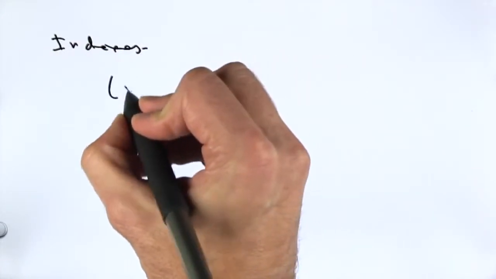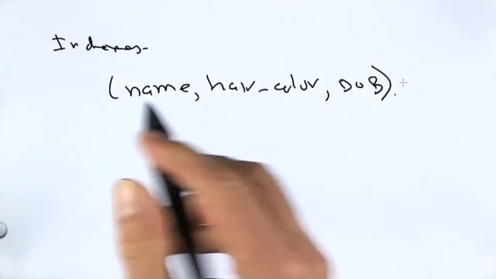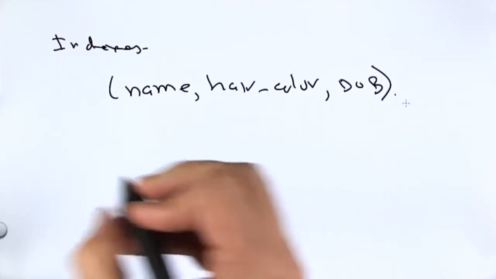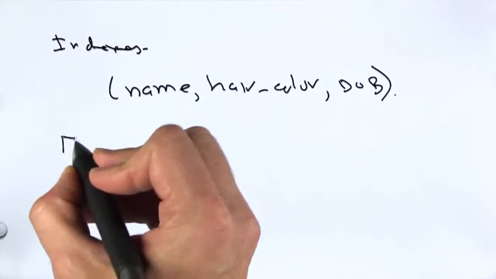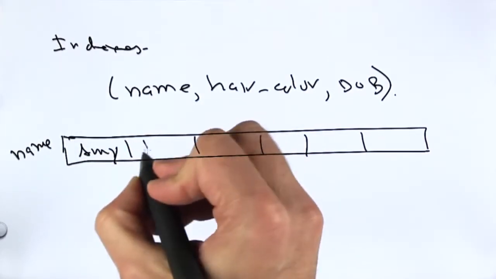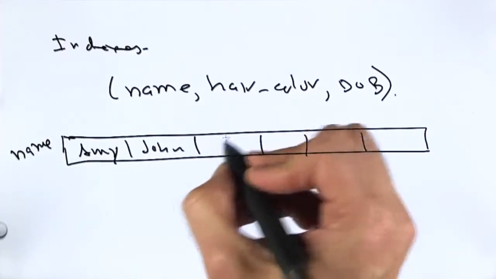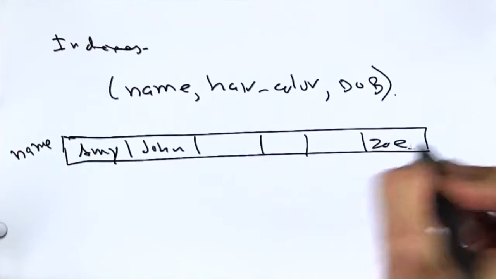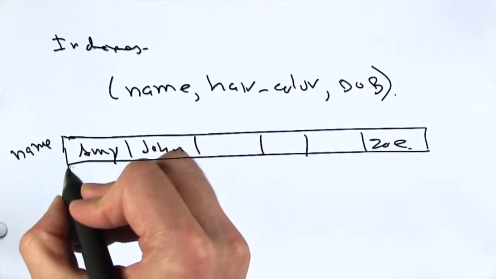So for instance, you could have an index on name, and then an index on hair color, and there could be another index on date of birth or something. Now the order is important because conceptually the way the index is built is that name will be at the top level. So here are my names, and this might be Amy and John and Zoe. Now within this, the hair color is sort of conceptually over here.